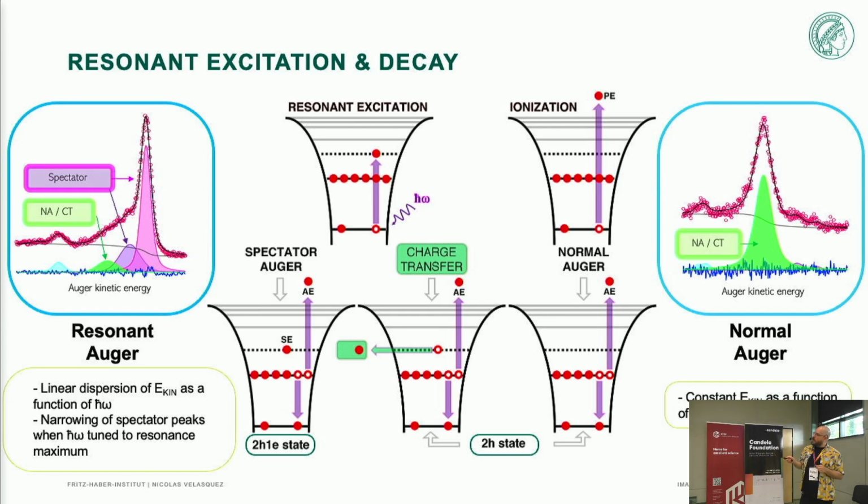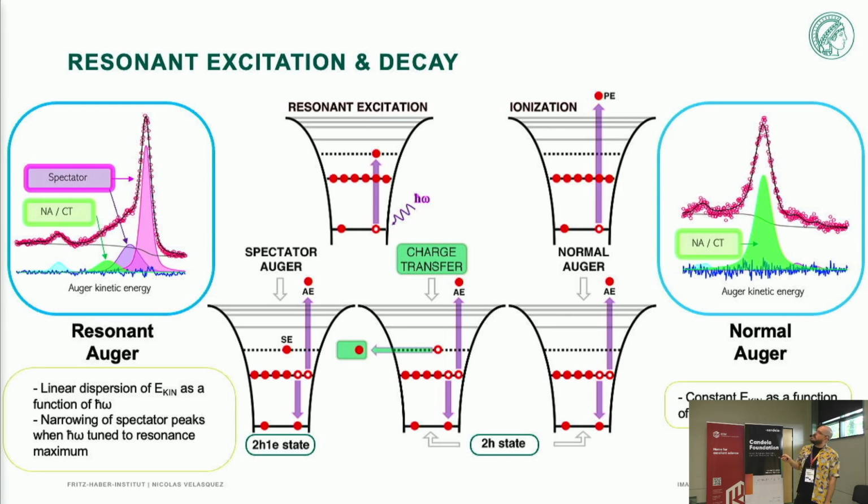Now, I should state also that for the purposes of this talk, I am completely ignoring participator decay. So, what happens now if this spectator electron finds a more favorable environment, let's say greener pastures, and it moves somewhere? Now, the system is going to decay in the same way as in the normal Auger case, and we will have a two-hole state. But this is going to be happening below the IP, meaning it's a resonant process. And this will provide us with a tool to identify charge transfer happening in the resonant region.